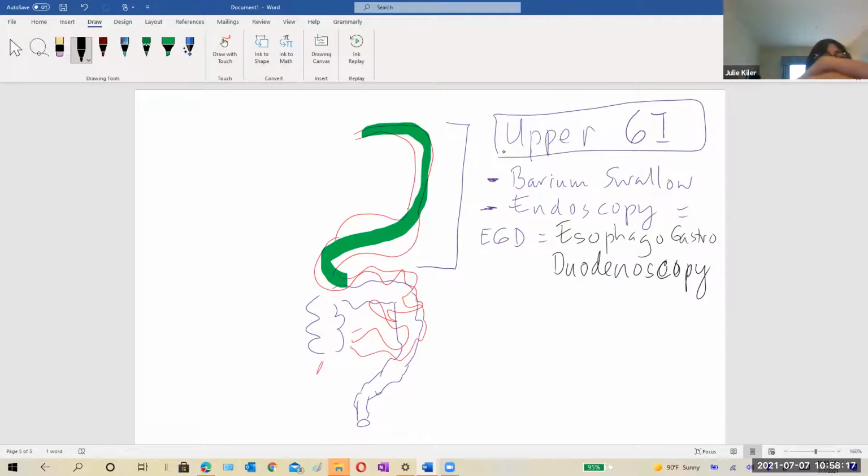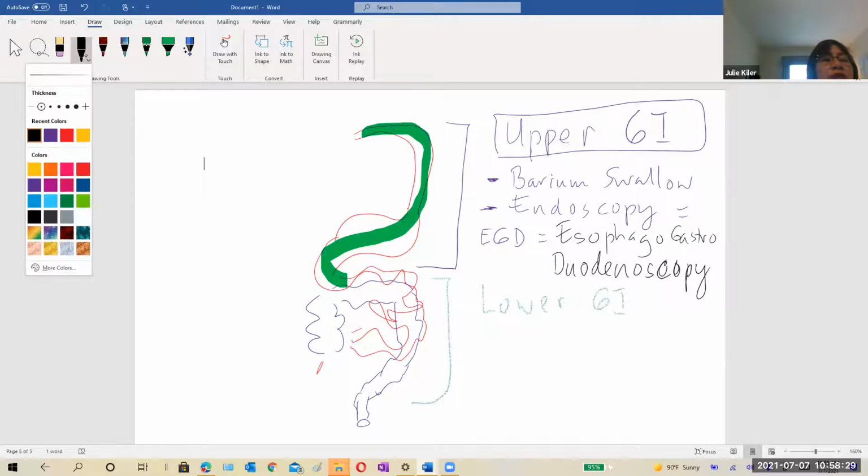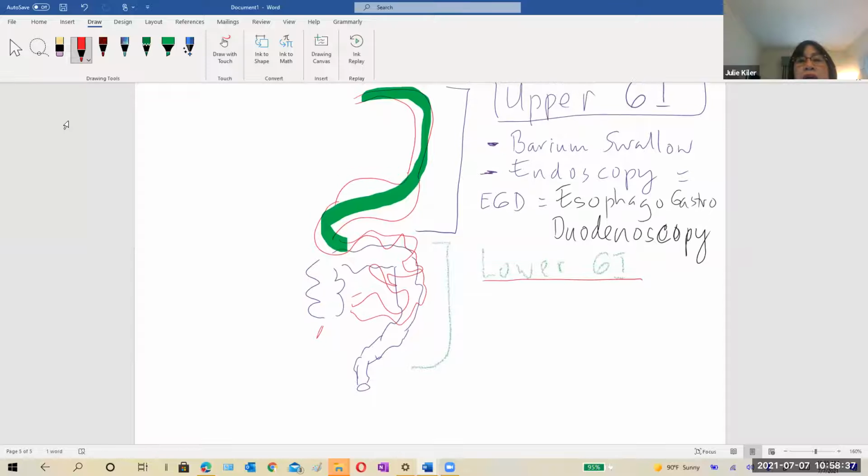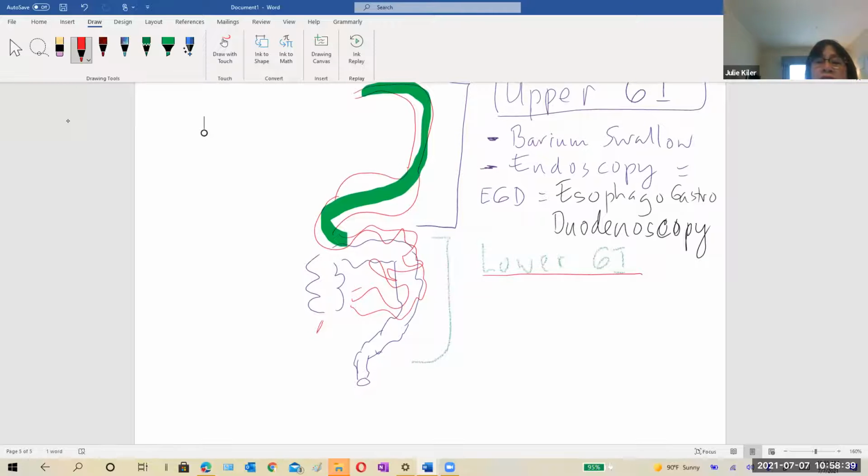Now the second one here is what we call lower GI, which we already talked about. When you do lower GI, we can do a barium enema.